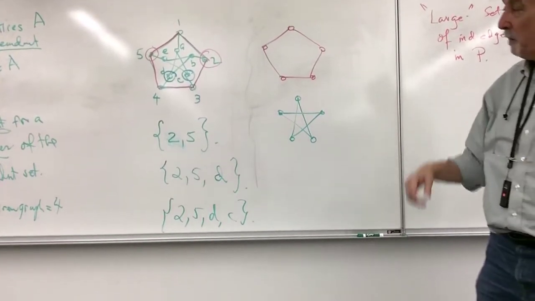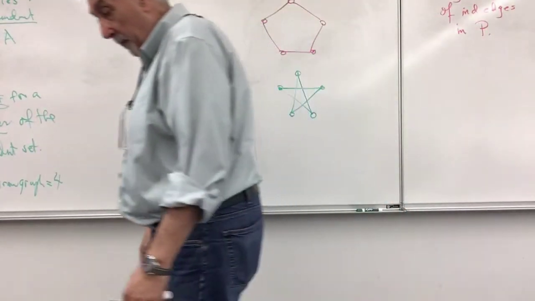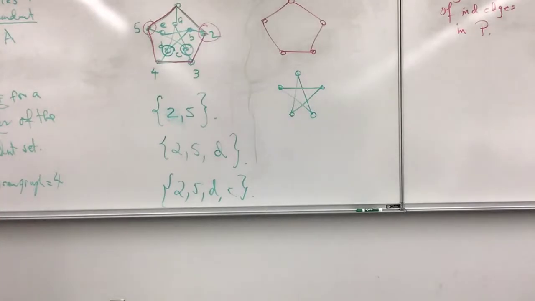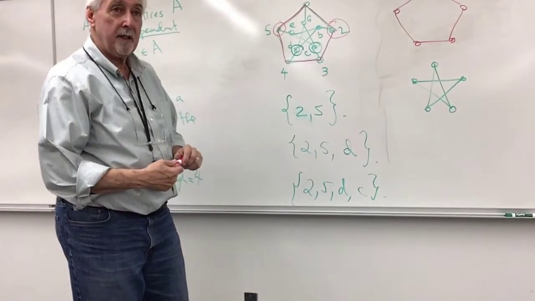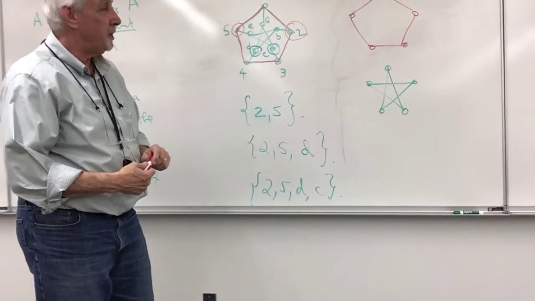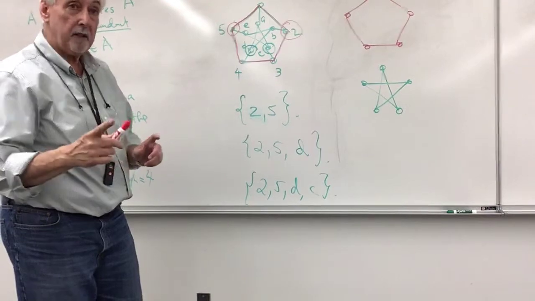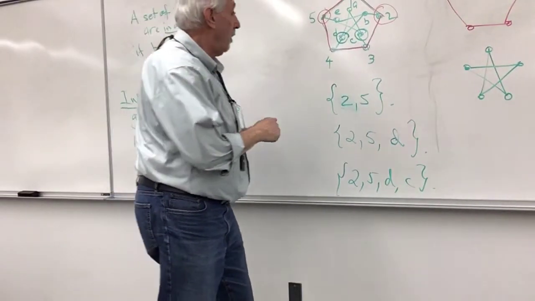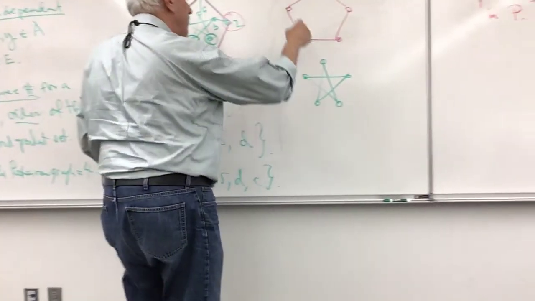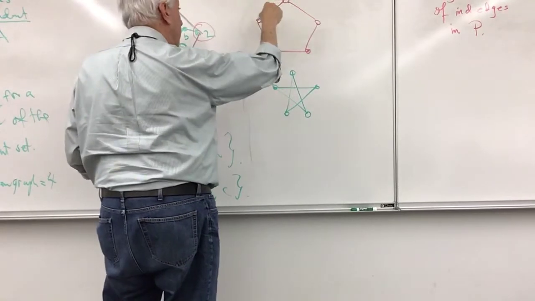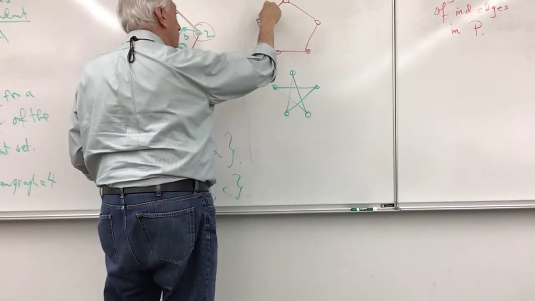Okay, the largest set of independent edges in the Petersen graph? How many? Five? Where are the 5 edges? So I did the thing with the 2 C5s, you can choose 2 edges from each of those. C5s, okay, so which 2 edges?